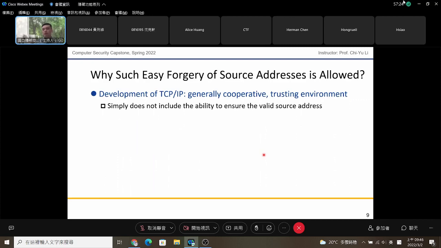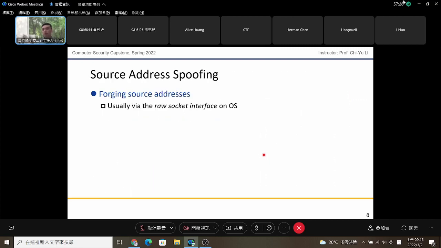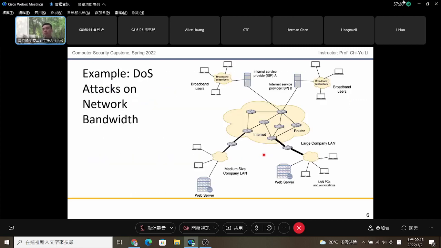So here we can go back to the figure to talk about this concept. For example, the source spoofing packets are sent out by this company. Then we need to set up the filtering at this router, so we can know these source spoofing packets are sent out by this company.